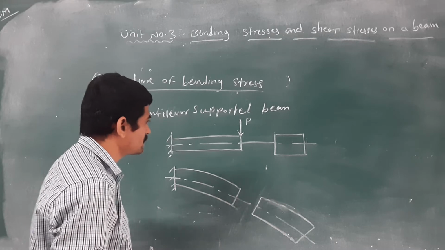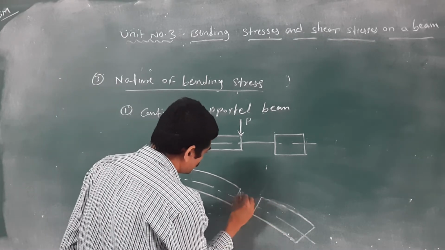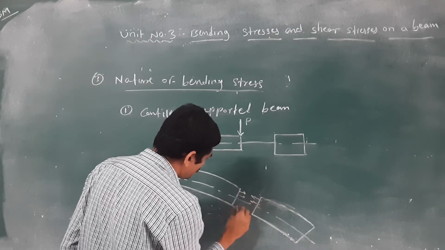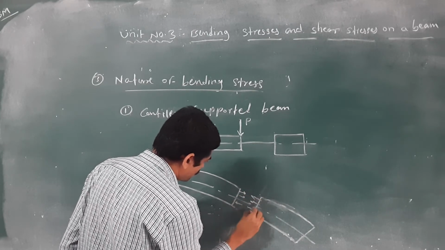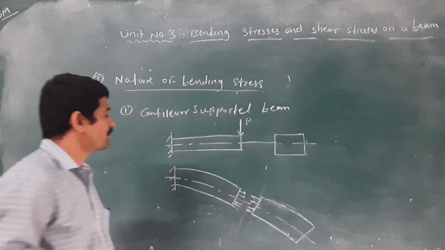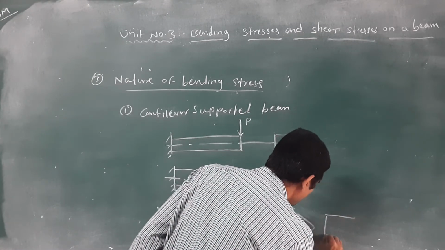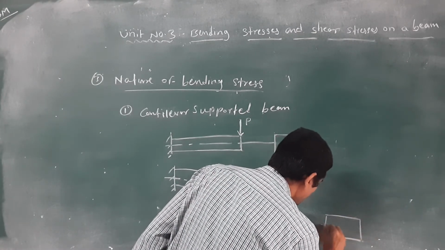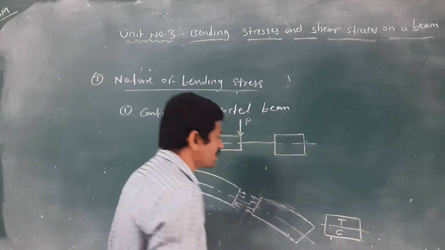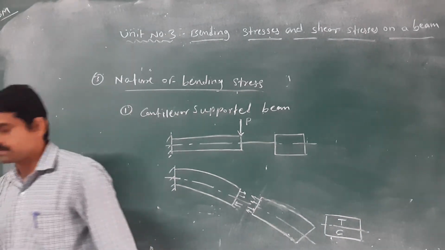Above the neutral axis, tensile stresses are induced, opposite to the simply supported beam. If you look at the cross section of that beam, above the neutral axis we get the tension, and below the neutral axis we get the compression.